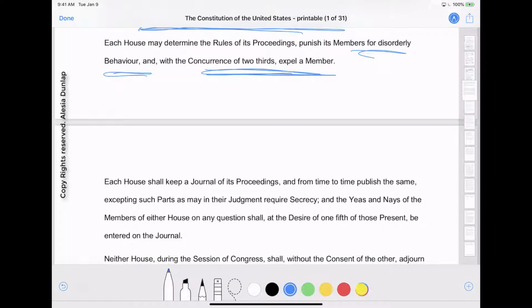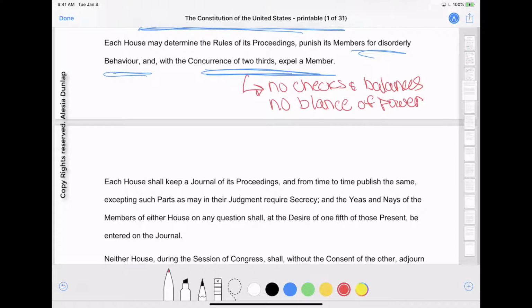Where is the presence of checks and balances where Congress can make their own rules without oversight, right? So that will be a question of no checks and balances, no balance of power or separation of power.